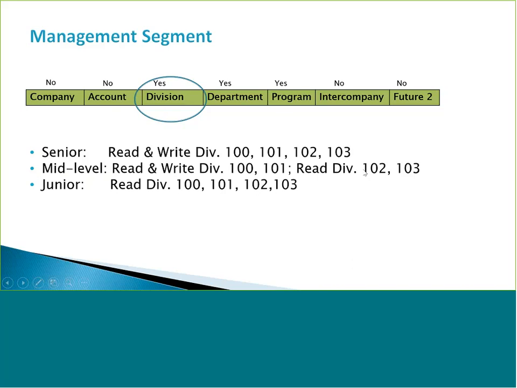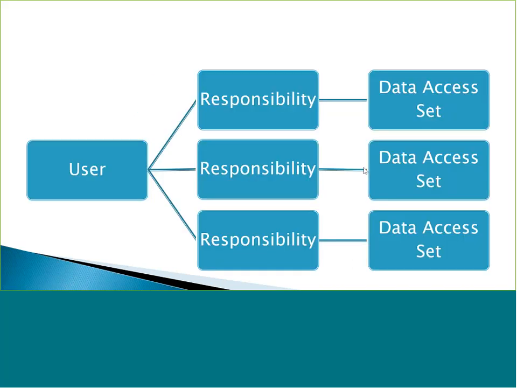of how we can restrict access to users. This is a diagrammatic representation of what we are trying to do. In our case, we create data access sets and then assign them to a responsibility, and you're also going to have to create two new responsibilities, and then we assign them to our user.